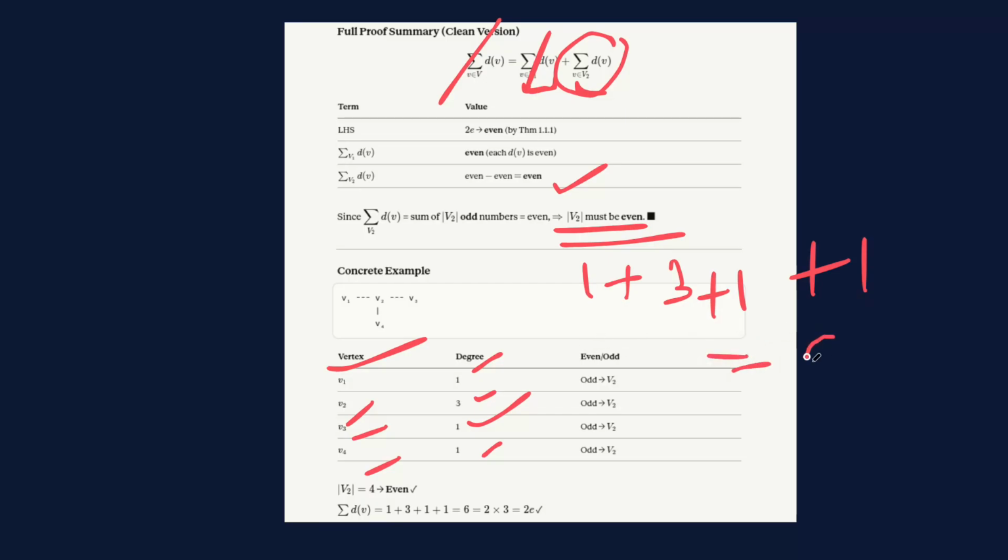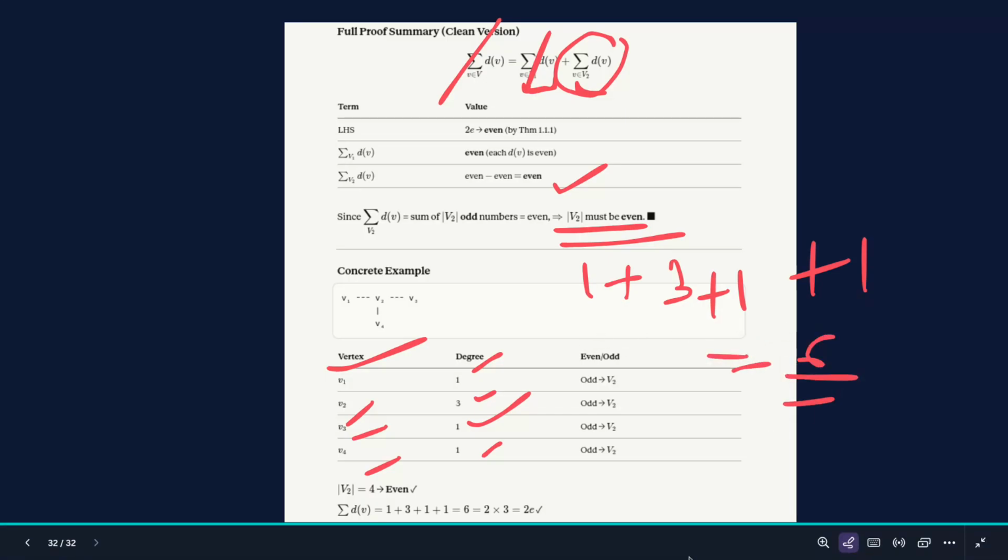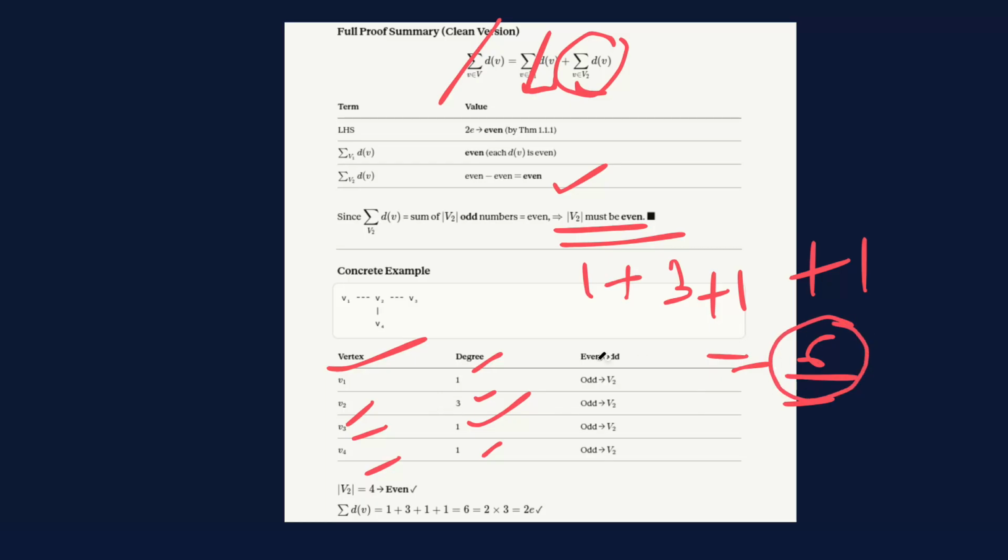I got 6, which is an even number. When did I get this even number? When my number of vertices with odd degree is 4. So the number of vertices should be even.